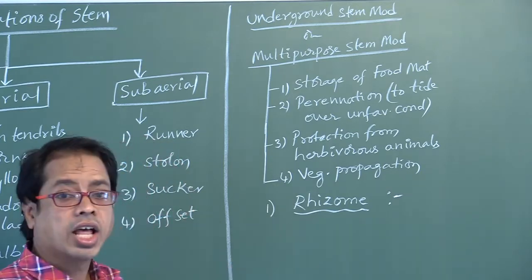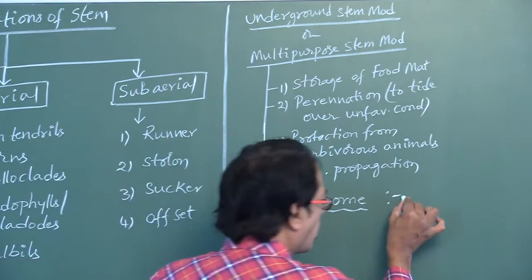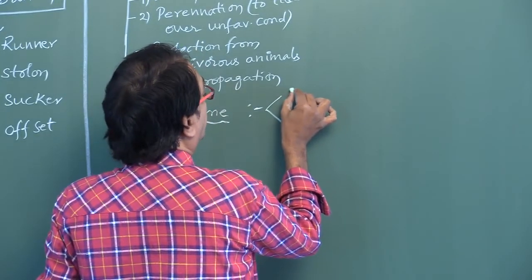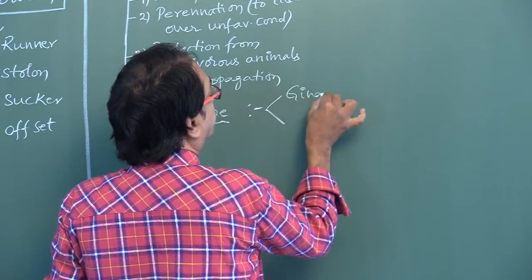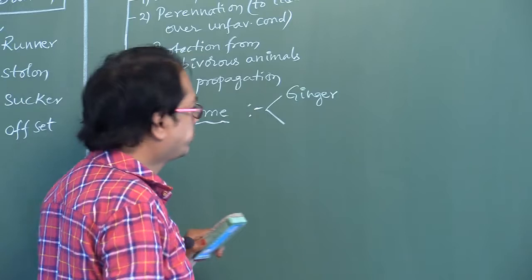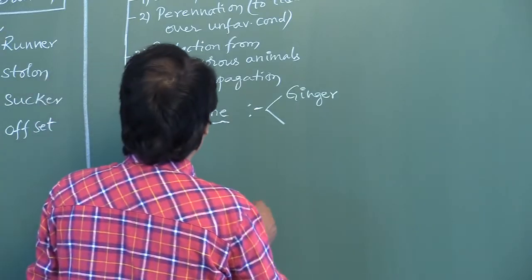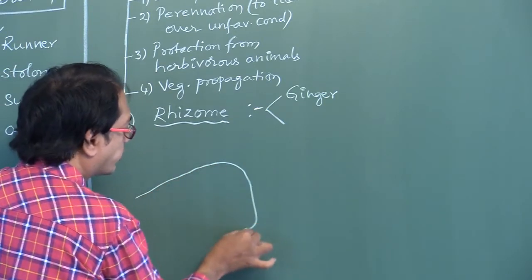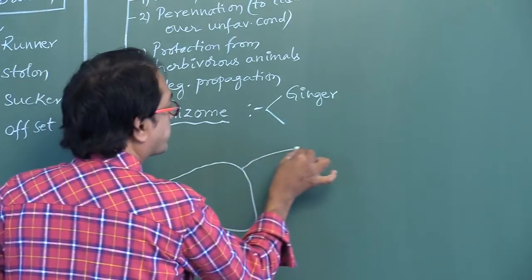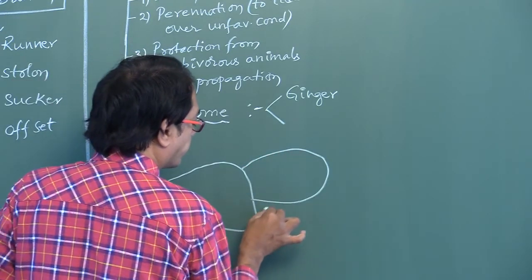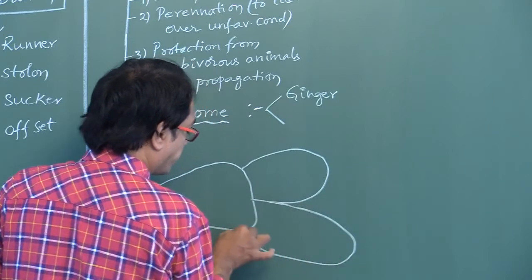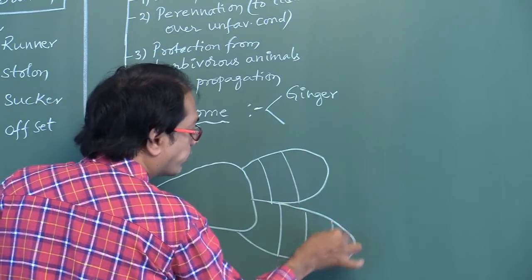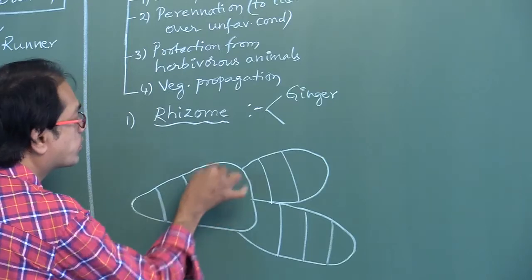Okay. First one, rhizome. What are the examples of rhizome? Ginger. If you observe the ginger, like this, these are the nodes.